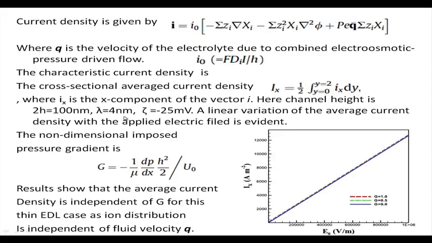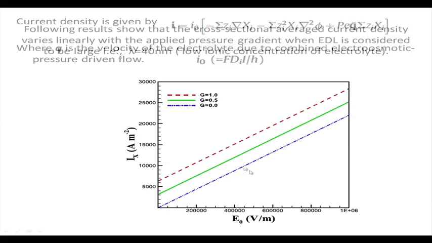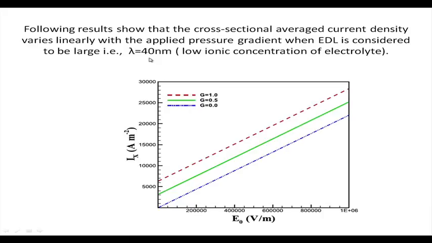Here we have taken the Debye length as 4 nanometer and 2h as 100 nanometer. So, they are far apart, which means core neutrality is established. So, we may have the sum of Zi Xi equal to 0 within the core, and we get a linear solution. But if we have a large lambda, 40 nanometer, then the core of the channel may not be electrically neutral.